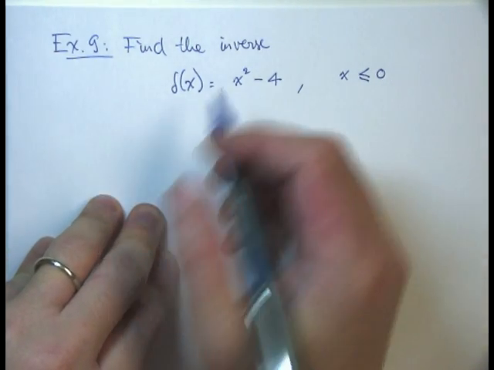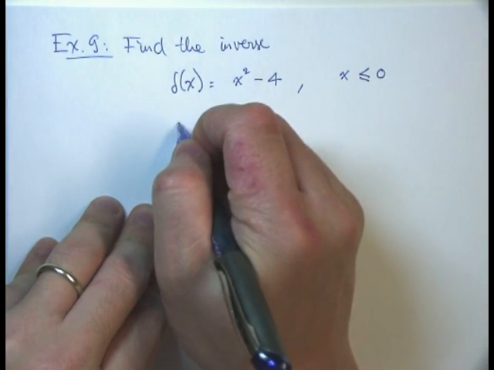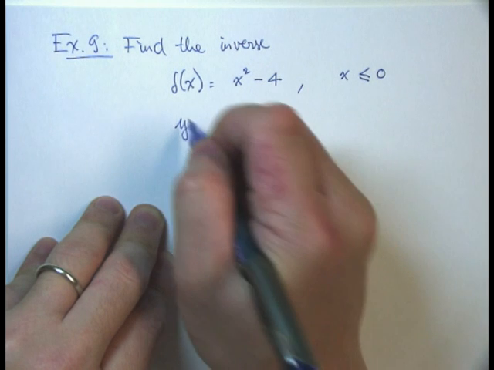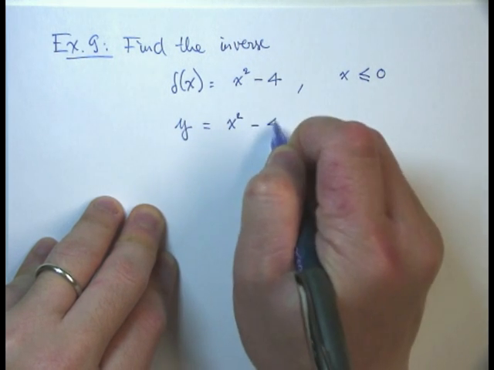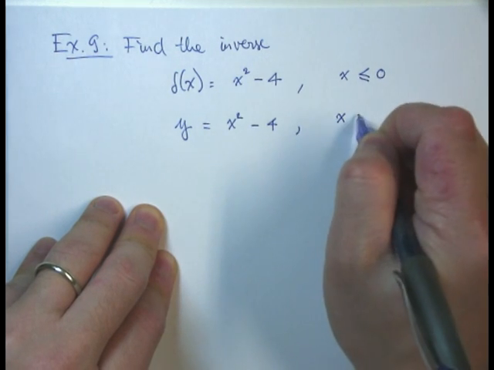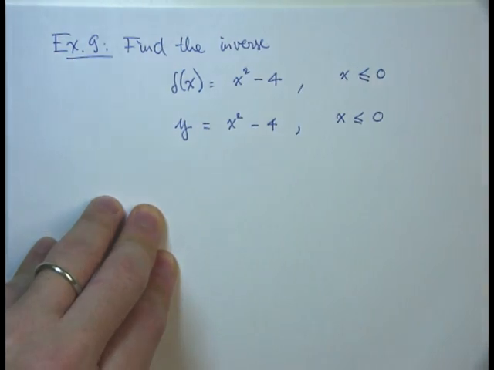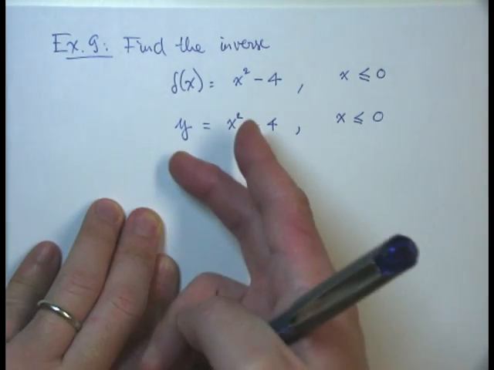So step number 1, once again, I need to replace my f of x symbol with a y variable. So my equation becomes y equals x squared minus 4, and keep in mind the condition keeps coming along at every single step. Now the next step is interchanging the x and y.